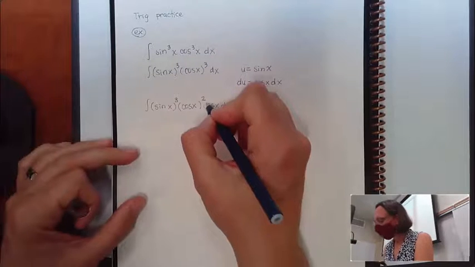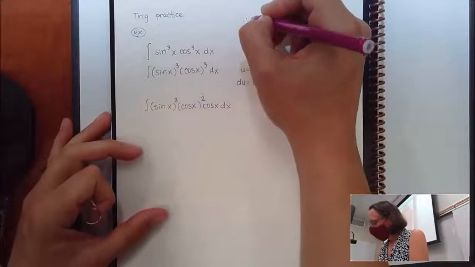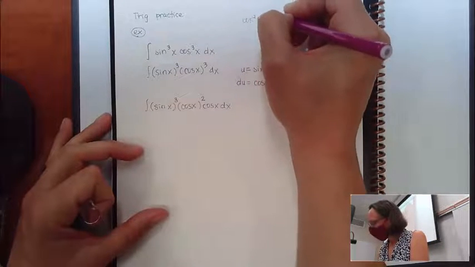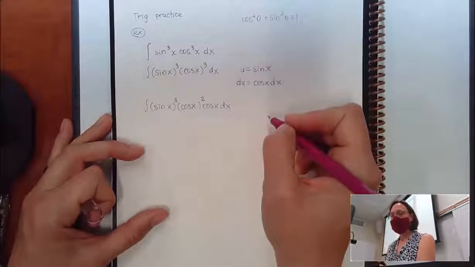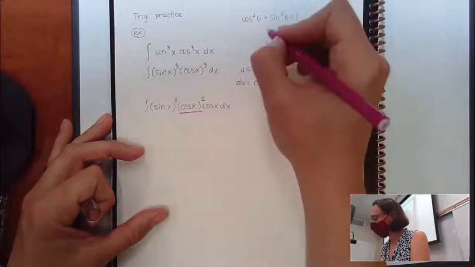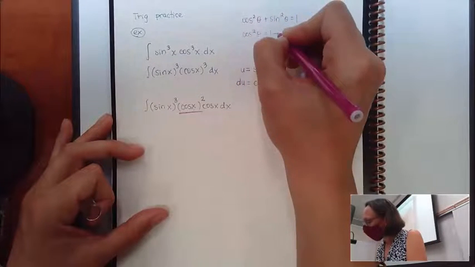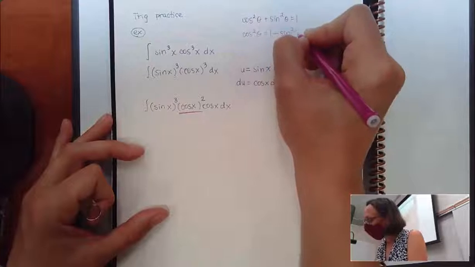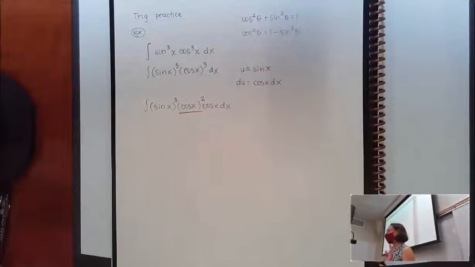The reason that that's helpful is we've got this fundamental trig identity that cosine squared theta plus sine squared theta is equal to 1, which means I can swap out the cosine squared for 1 minus sine squared theta. That's not a u substitution, that's just trig.